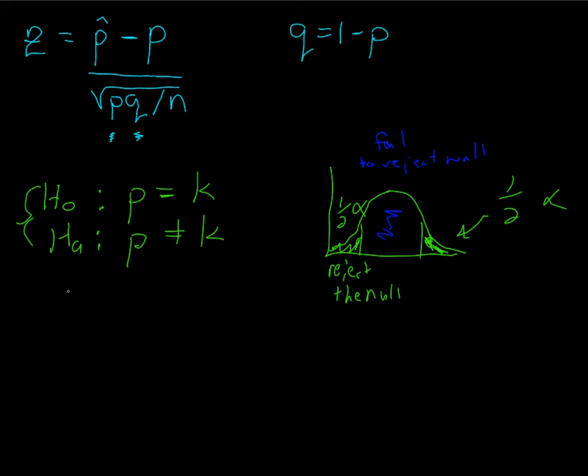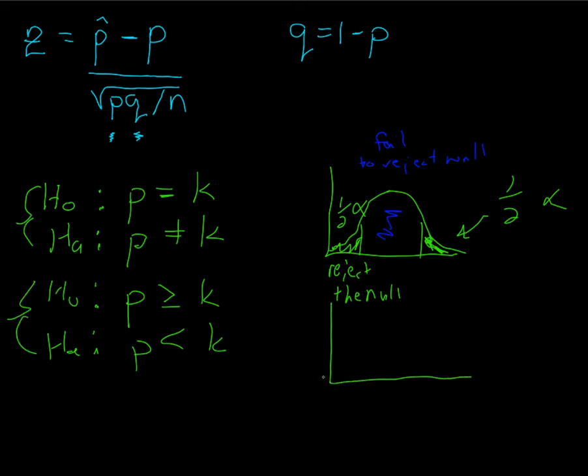Well, we also had the hypothesis testing pair, where we could say this was greater than or equal to some value, which gave us an alternative where the proportion would be less than some value. We get this pair. That, because the alternative points left, becomes a left-tailed test.